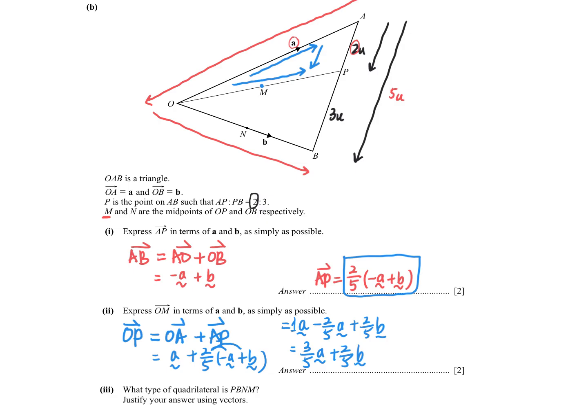But the question wants me to find OM. So you ask yourself, OM is only half of OP. So just divide by 2 or multiply it by half. So you just half the whole thing also can. They never say must simplify, so you can leave your answer like that.